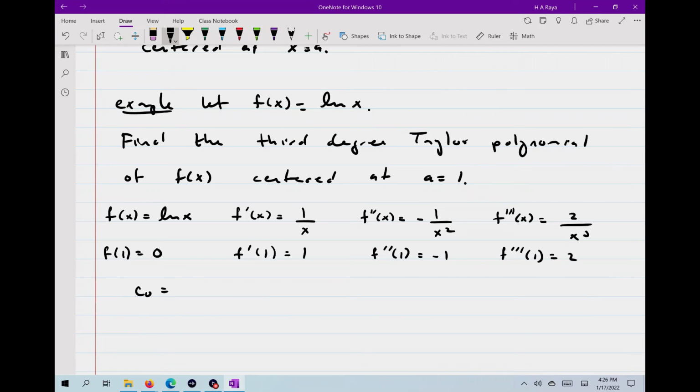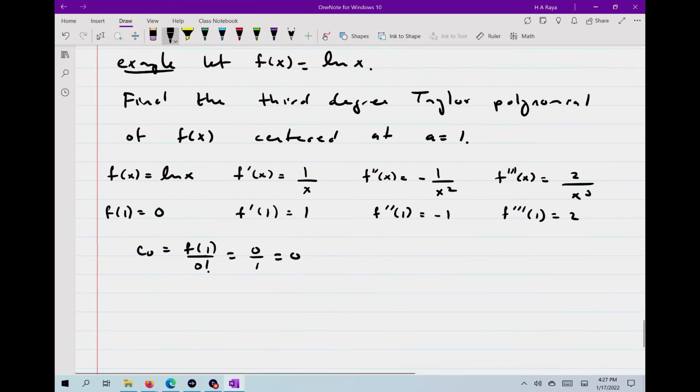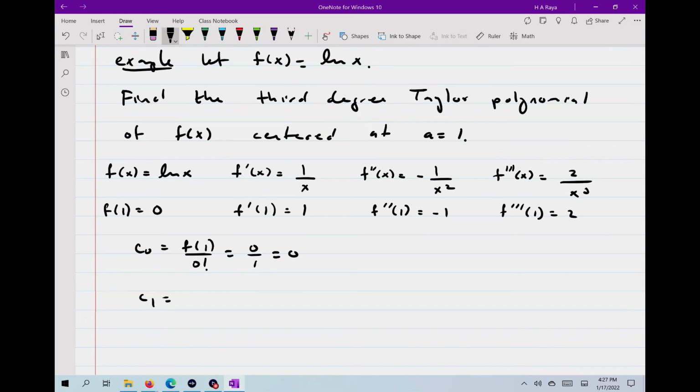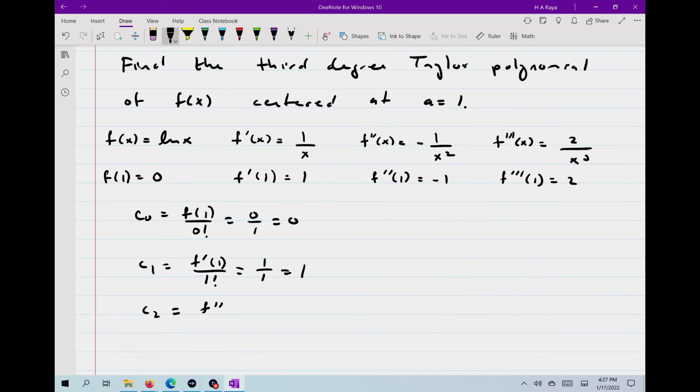So c0 would be f of 1 over 0 factorial, which is 0 over 1, which is simply 0. c1 is equal to f prime at 1 divided by 1 factorial, which is 1 over 1, which is 1. c2, which is f double prime at 1 divided by 2 factorial, is negative 1 over 2.